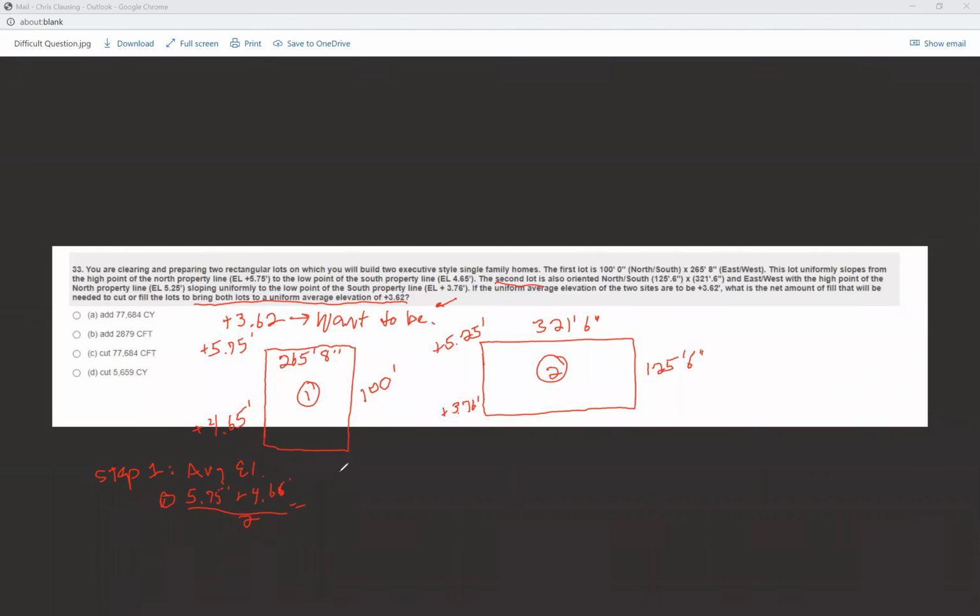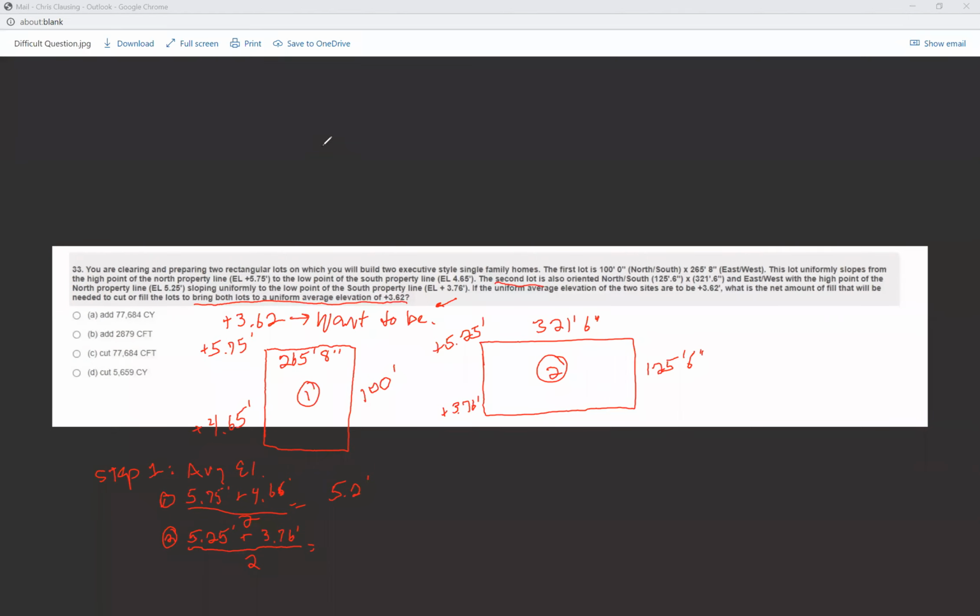So our average elevation is 5.2 feet for lot 1. Now for lot 2, it's going to be 5.25 feet plus 3.76 feet, and all that divided by 2. Let's see what we got.